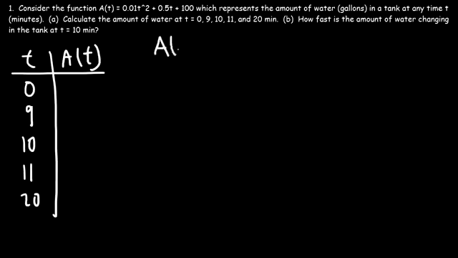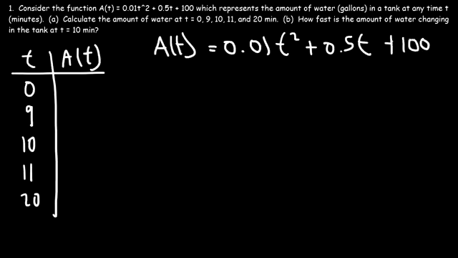And so here is our original function. It's 0.01 t squared plus 0.5 t plus 100. Let's go ahead and plug in 0. If we plug in 0, it's going to give us 100. Now, if we plug in 9, it's going to give us 105.31. Now let's plug in 10.